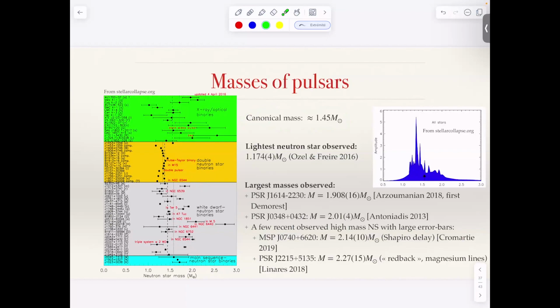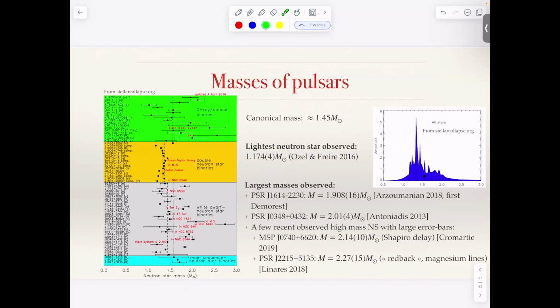Okay, but it is a centroid, so you have stars with larger mass and stars with lower mass. And up to now, the lightest neutron star which has been detected and measured has a mass of about 1.17 solar mass. So it's pretty small, and it's not very easy to understand how one could generate such a light neutron star.